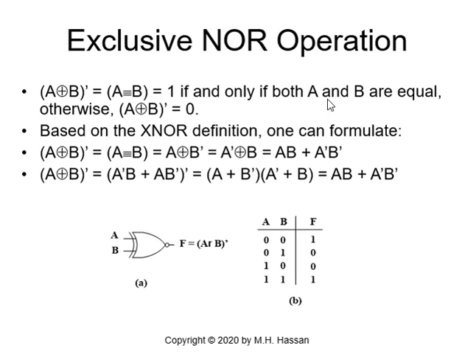Based on the exclusive NOR definition, one can formulate that A exclusive NOR B equals A equivalence B, which is A exclusive OR B, complemented, or A complement exclusive OR B, or AB or A prime B prime.